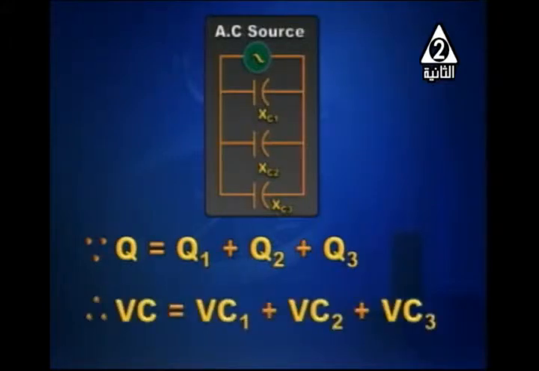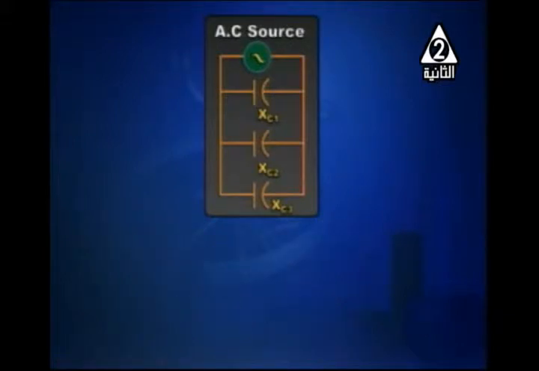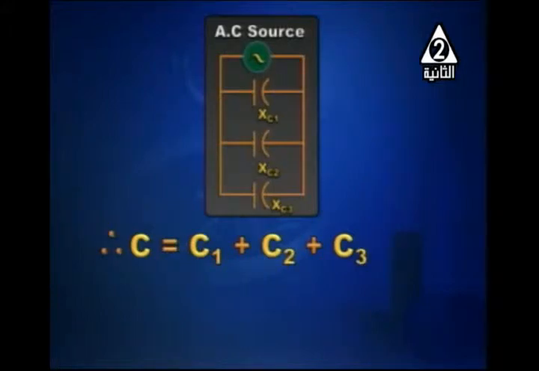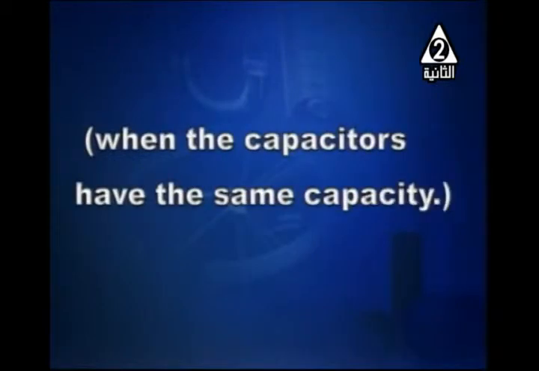So VC is equal to VC1 plus VC2 plus VC3. So C is equal to C1 plus C2 plus C3, and it is equal to NC if they've got the same value, when the capacitors have the same capacity.